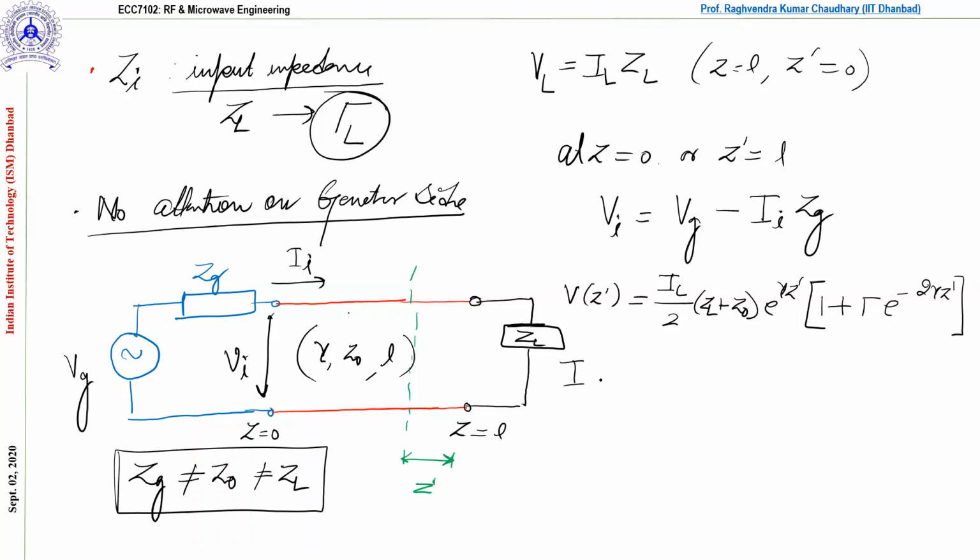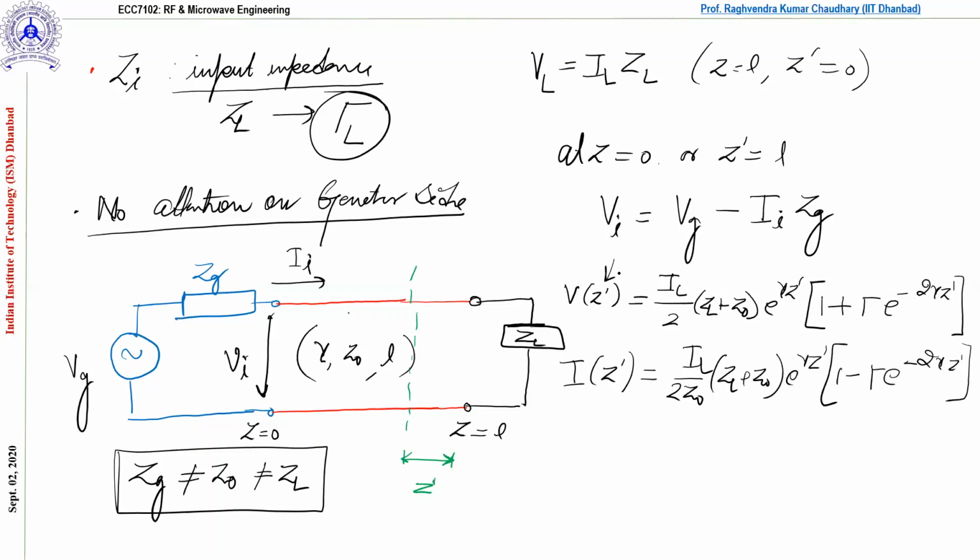And Iz, if you remember, was IL by 2Z naught, (ZL plus Z naught) e to the power gamma Z dash, and in bracket 1 minus gamma e to the power minus 2 gamma Z dash. These things I believe you remember. Fine. So this is what we are analyzing from the load side, that is why V is a function of Z dash.